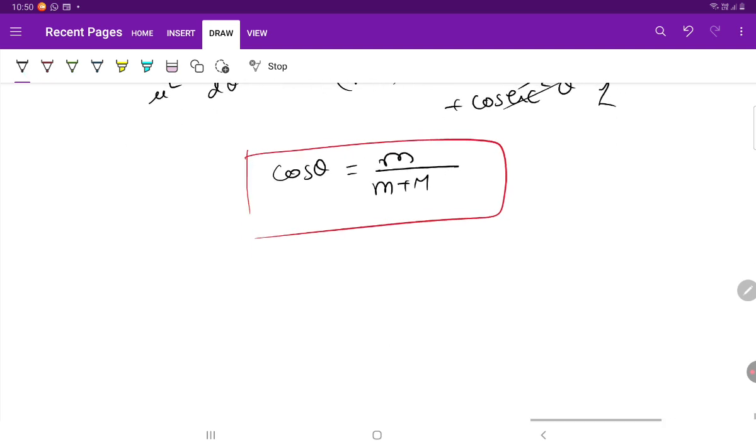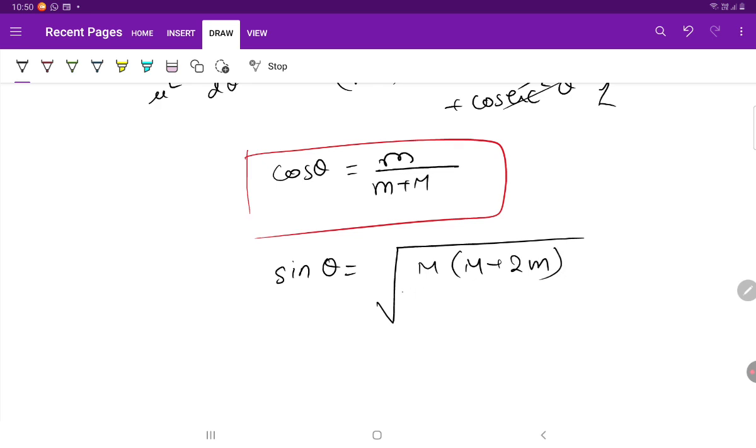Hence, I'll just substitute the values of all these variables, and first we'll find the value of sine theta, which will come out to be under root M into (M plus 2m) by (M plus m) whole square, or just taking out (M plus m) outside the whole square root, we will get this equation.